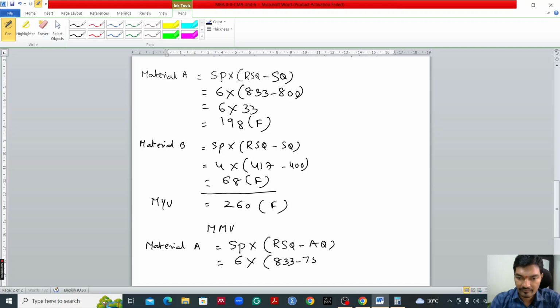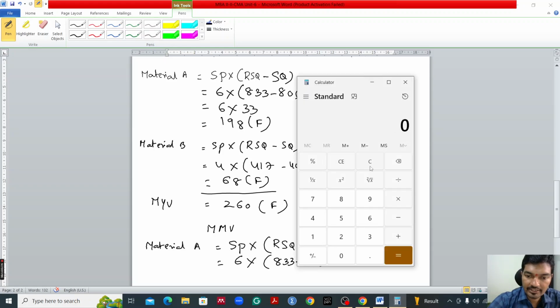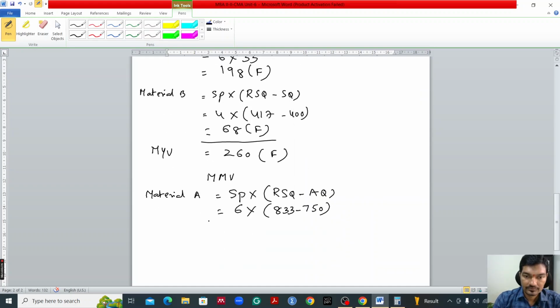Now if you subtract it, 833 minus 750, we got 83, multiplied with 6, got 498. We got the value in positive, we should write favorable.